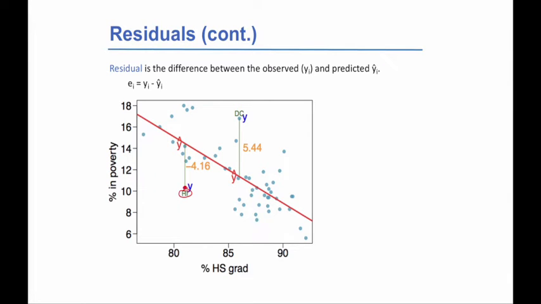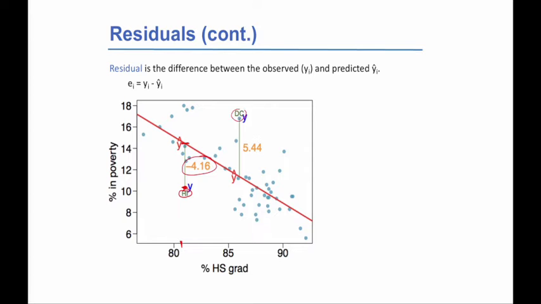The actual value for this is probably 81% high school graduation, and they've got about 10% in poverty. According to our line, for this high school graduation, they were predicted to have about 14% in poverty. So they're much lower. They have a negative residual of negative 4.16.